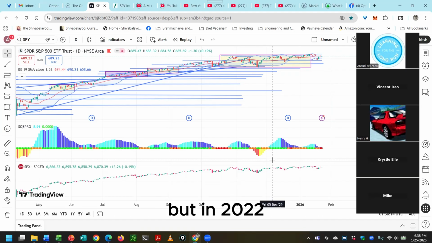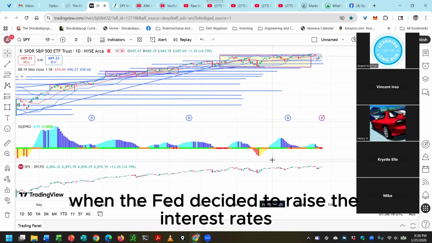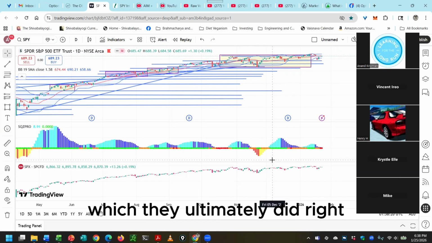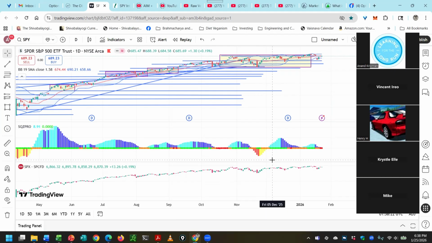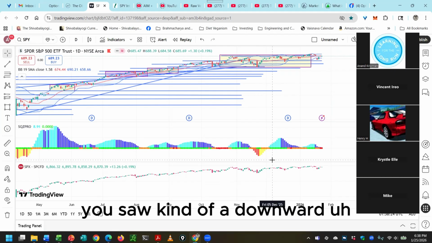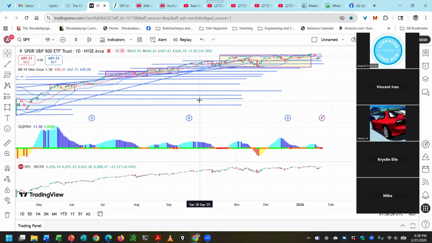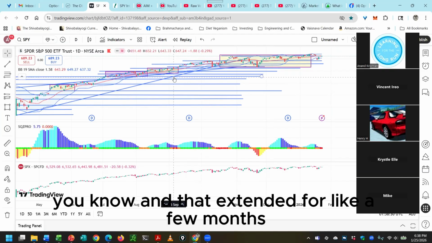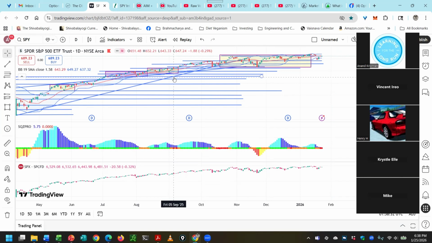But in 2022, when the Fed decided to raise the interest rates, they said they were going to raise it up to 5%, which they ultimately did. That whole year, you saw kind of a downward situation, and that extended for a few months.